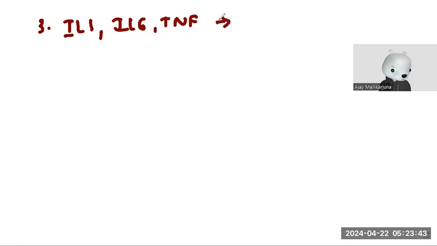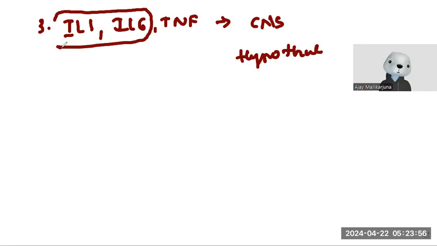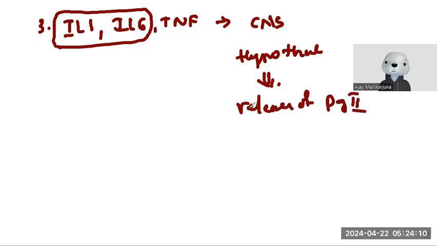The third symptom: interleukin 1, interleukin 6, and tumor necrosis factor will trigger the central nervous system, specifically the hypothalamus, and release prostaglandin E2. The hypothalamus maintains the thermostat of the body, because our body temperature completely depends upon the hypothalamus.